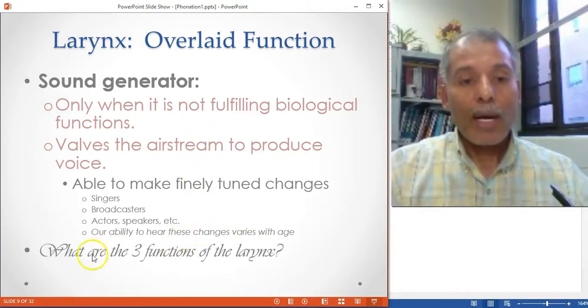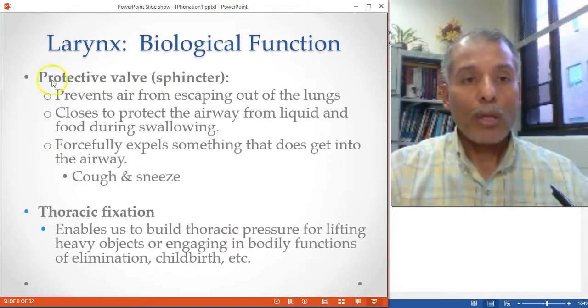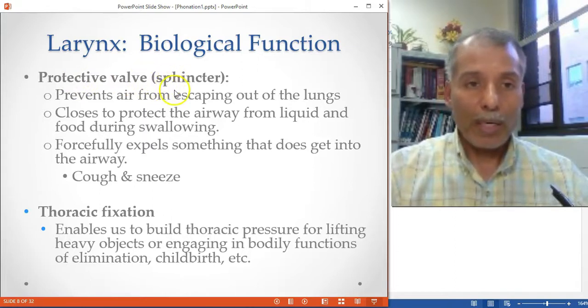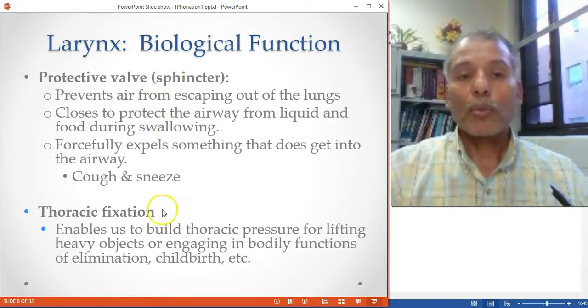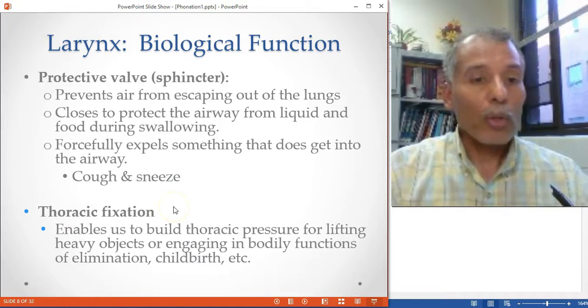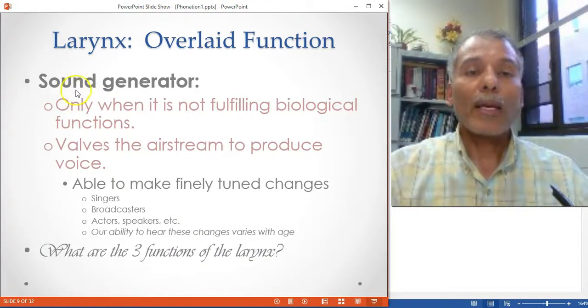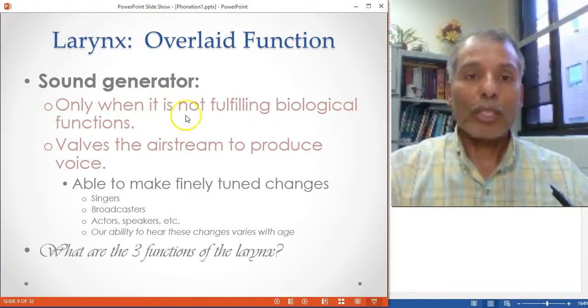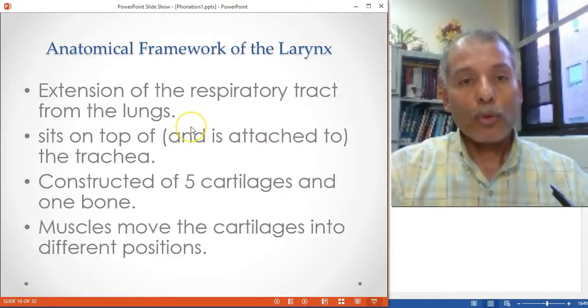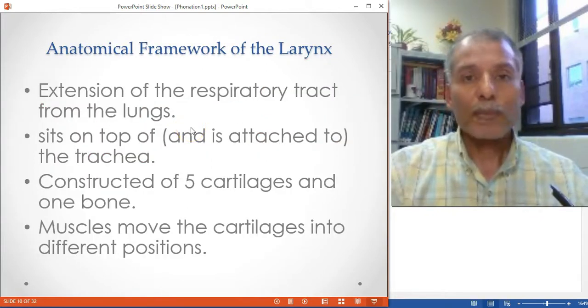So again, understand the three functions of the larynx. Two of them are biological: to protect and valve the airway, and to produce thoracic fixation for pushing and exerting effort. And the third function is as a sound generator. It enables us to produce sounds for speech.